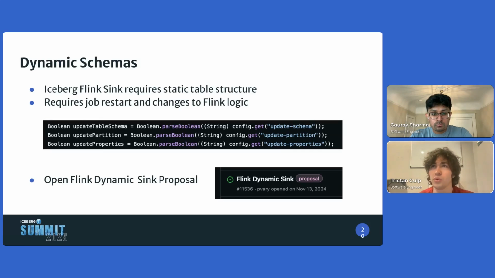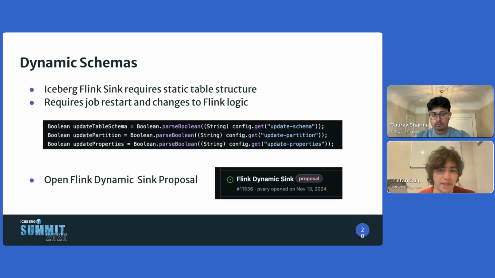We have to restart our Flink job, change the logic, and then have the Flink job update the schema in AWS Glue. At first this was disappointing to us, but along with all of the other benefits we saw, it wasn't really a big deal.